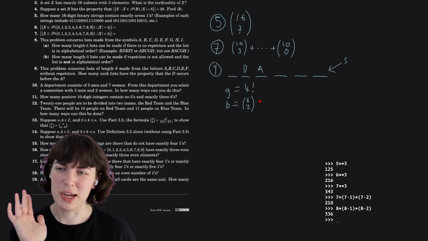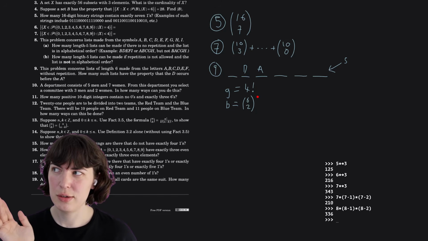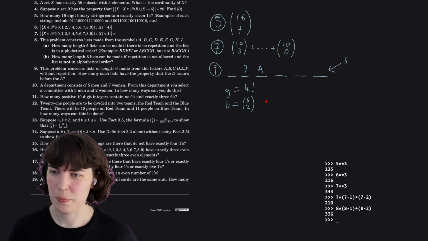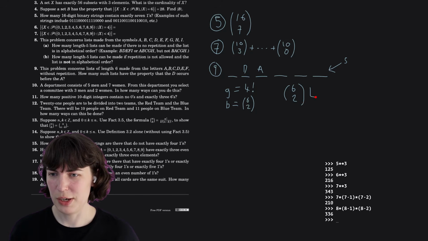That'll be the number of positions we can have. We don't need to worry about order in this case, I don't think. So I think the answer will be 6 choose 2, multiplied by 4 factorial.